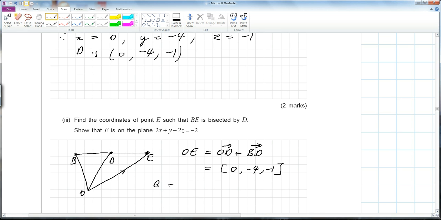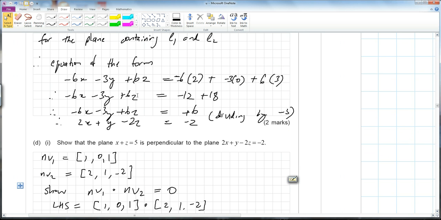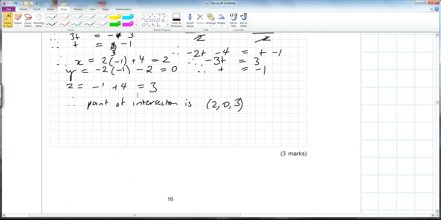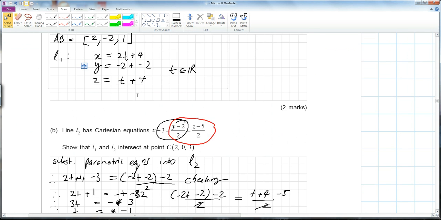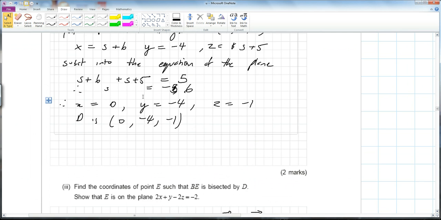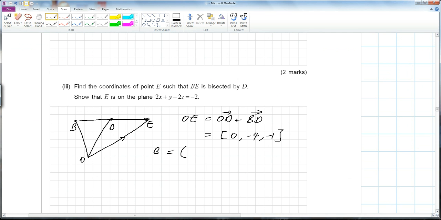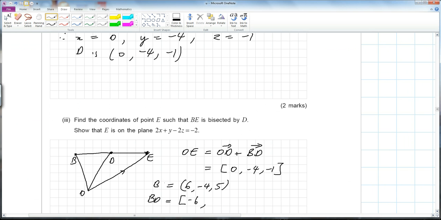B was the point, let's go back up to the top, so 6, minus 4, 5. So BD is minus 6, 0, and minus 6.